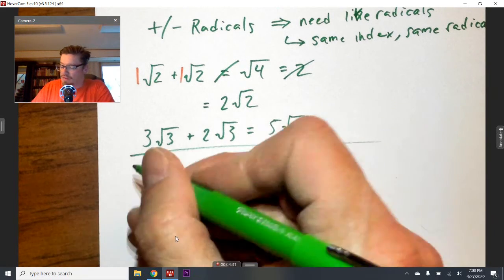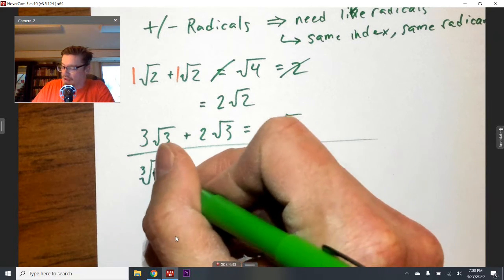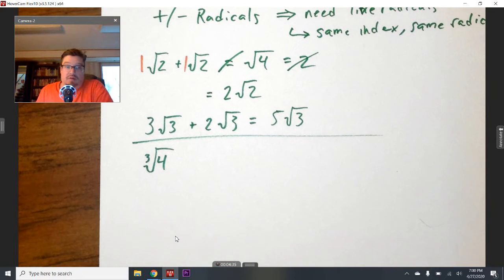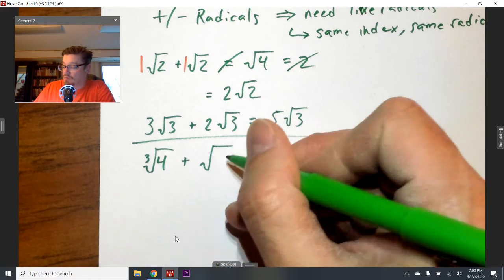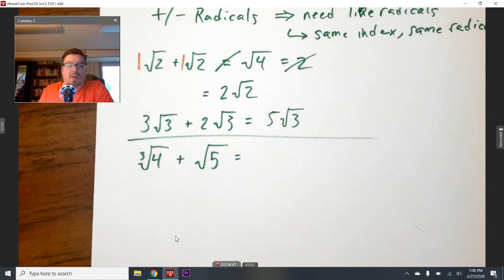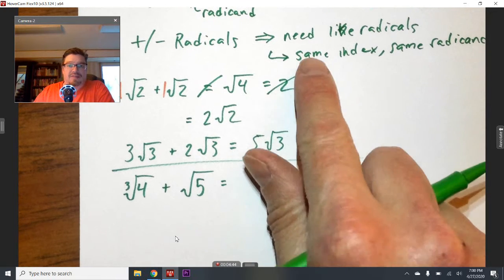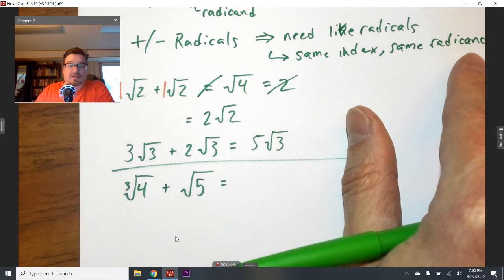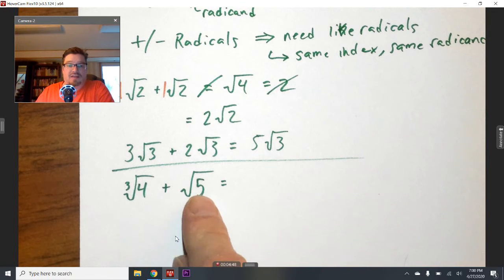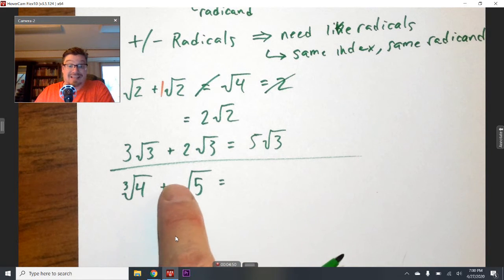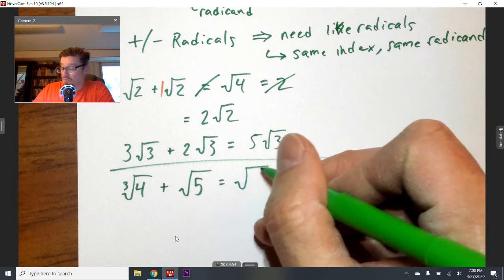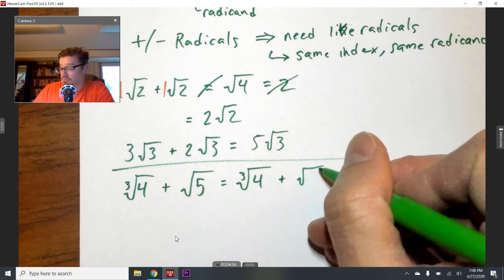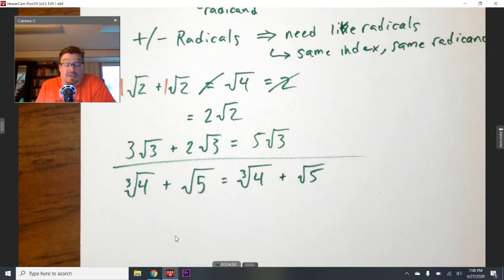Stepping forward, what if I had the cube root of 4, which I don't know what it is, some irrational number, plus the square root of 5? Since they don't have the same index and the same radicand, that's a 4, that's a 5, that's an index of 3, that's an index of 2, you can't simplify it.